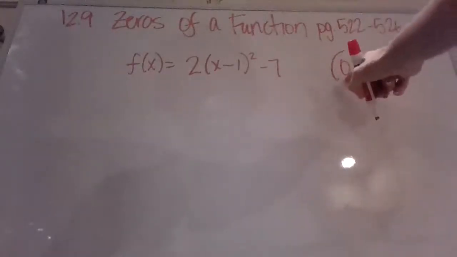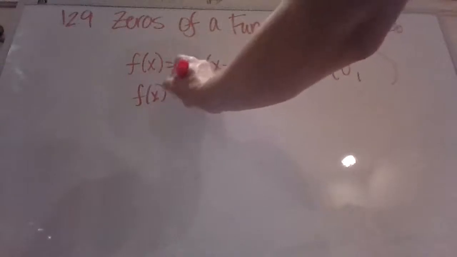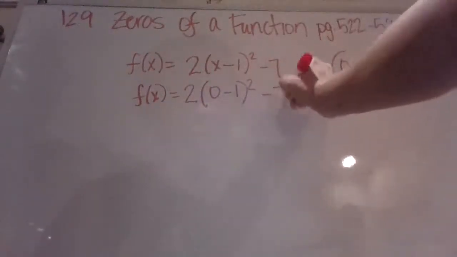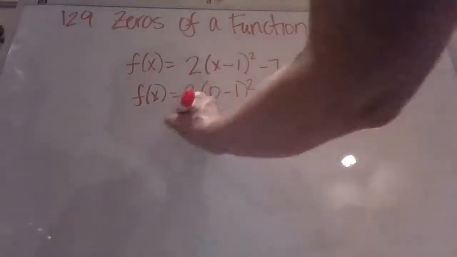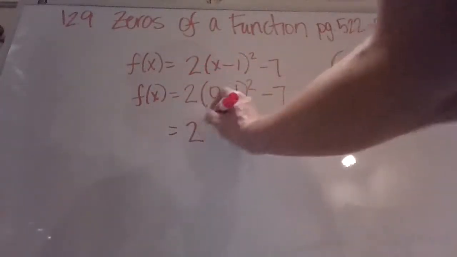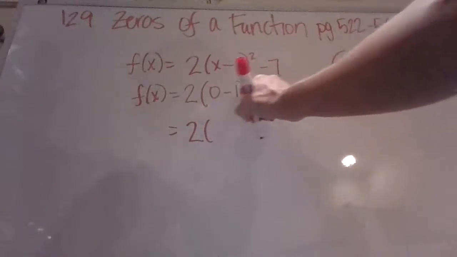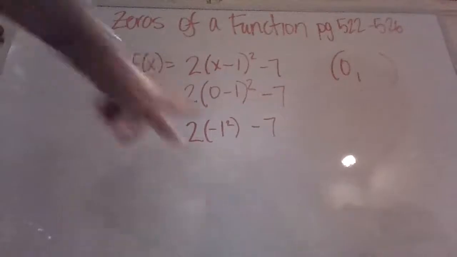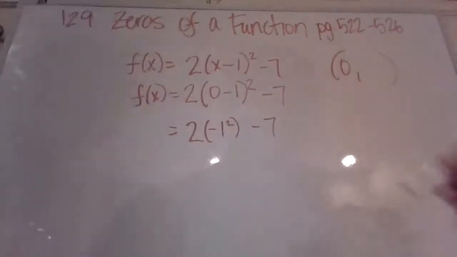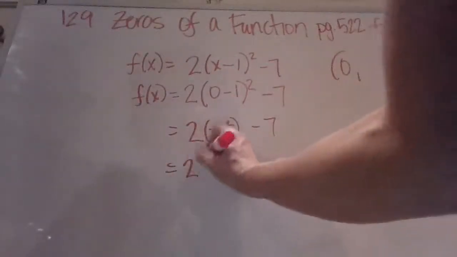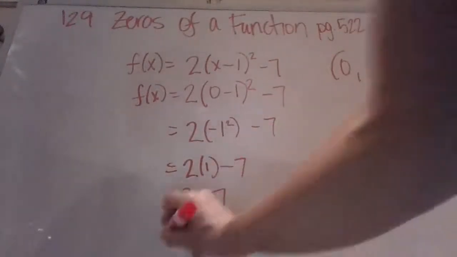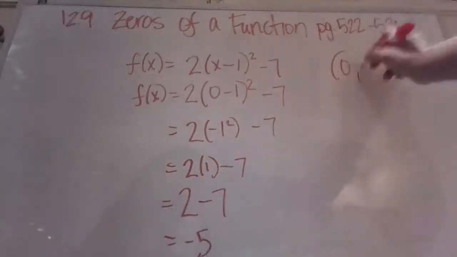That means we're going to make x equal to 0. So f of x equals 2 times 0 minus 1 squared minus 7. Well, 0 minus 1 is negative 1 squared minus 7. Negative 1 squared is 1. So 2 times 1 minus 7, which is 2 minus 7, which is negative 5.